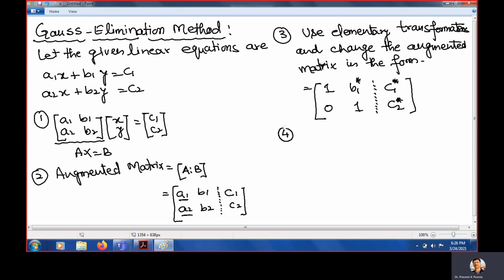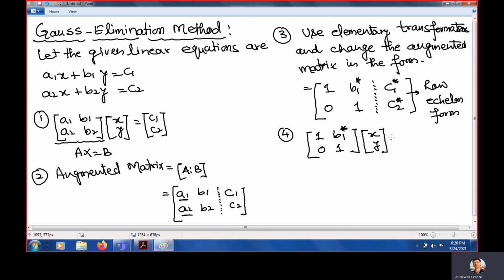Now, what is the next step? The last step is, after reducing the matrix, this is row echelon form. So you need to write this augmented matrix row echelon form into the Ax is equal to B form. Like this one. This is [x y] equal to [c1 star, c2 star].